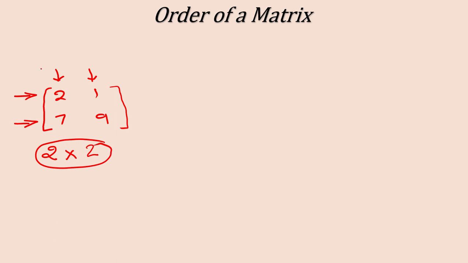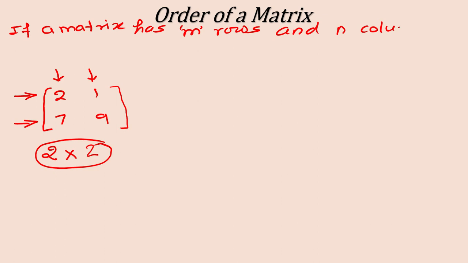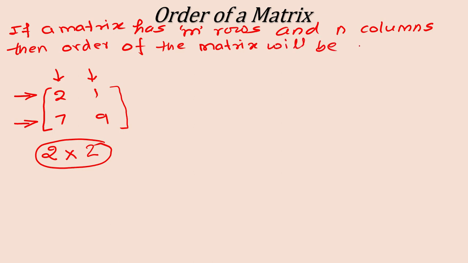Okay, so if we want to write this in the form of a sentence, just to make a note, what you will write here: if a matrix has m rows total, m is the total number of rows, and n columns, then the order of the matrix will be m by n.